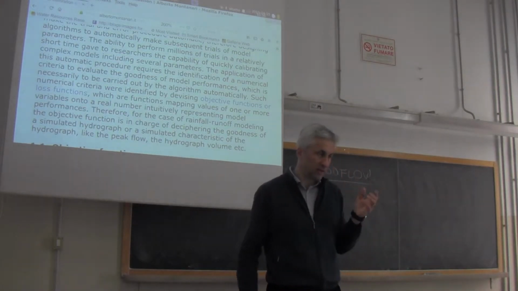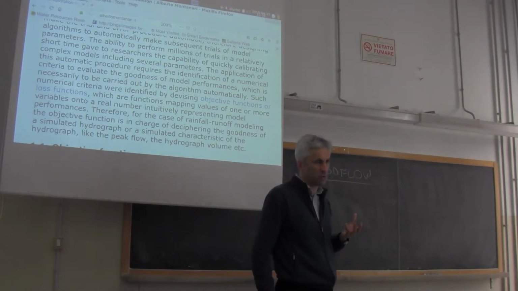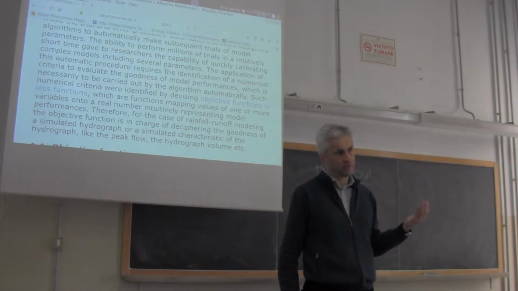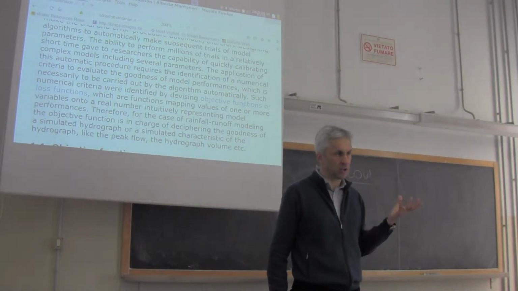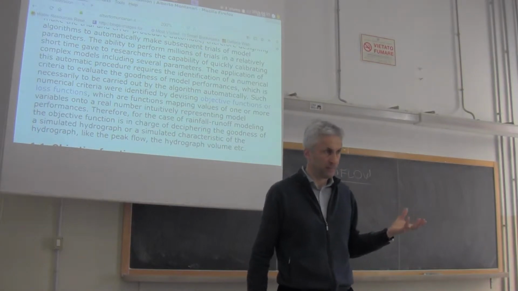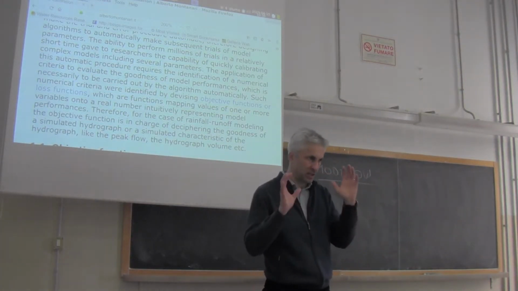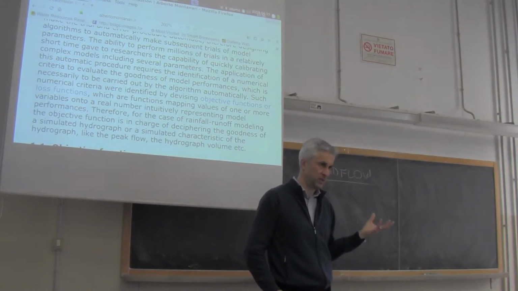What is the bottleneck? The bottleneck is that we have to give to the PC a criterion for deciding when the performance improves. And this criterion is called the objective function. The computer needs a number. Artificial intelligence is not able to make a visual assessment. Artificial intelligence needs a number.